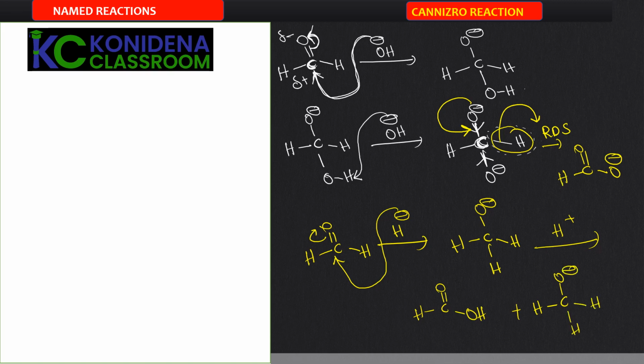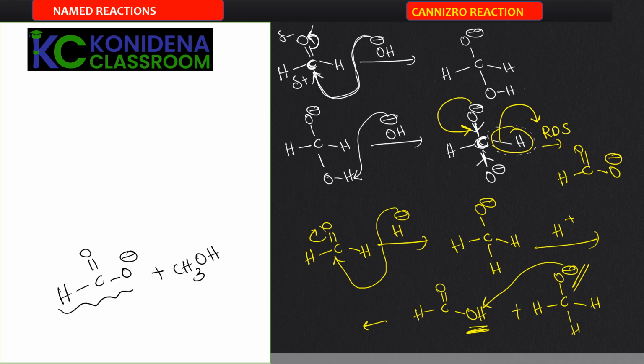But this is a strong base and this is a strong acid, so it takes the hydrogen from here, and we end up with one species undergoing oxidation and the other undergoing reduction. The final products obtained are the carboxylate ion and the alcohol.